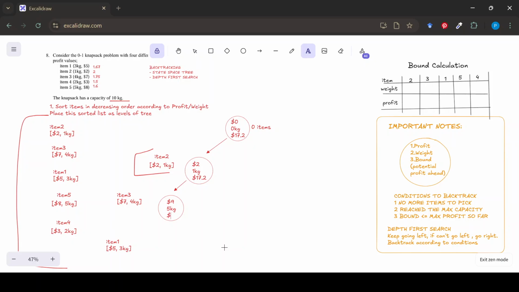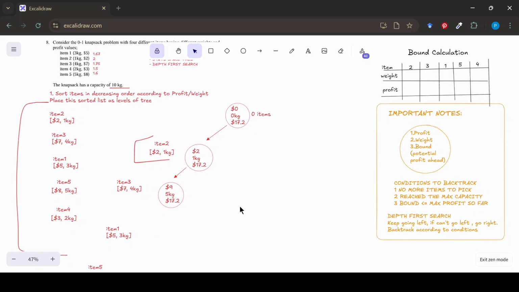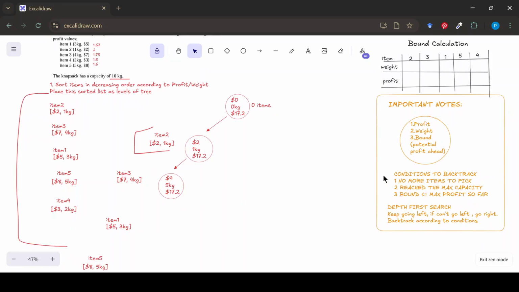And our bound will remain as 17.2. You may calculate the bound here, but you'll see that it remains as 17.2. And if we check our conditions, well, none of them have been met here, so we can continue with our depth first search. Now we go left, and here we are saying pick up item 1.